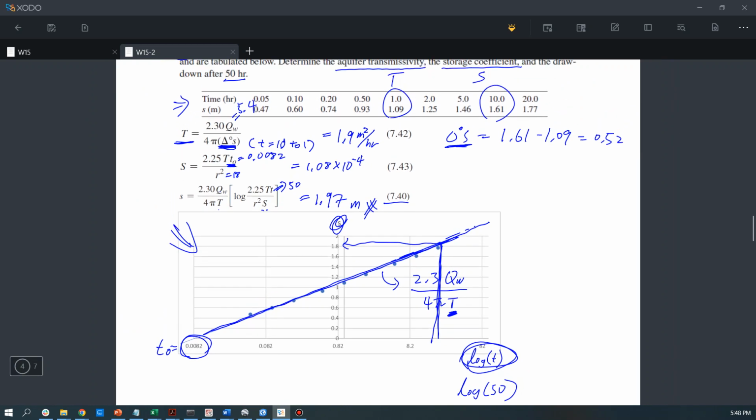Okay, so this is how you characterize the aquifer and use this field data to calculate the drawdown.